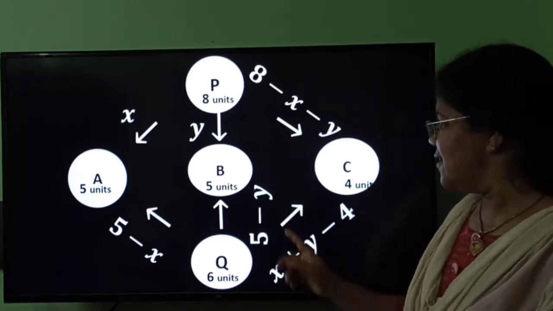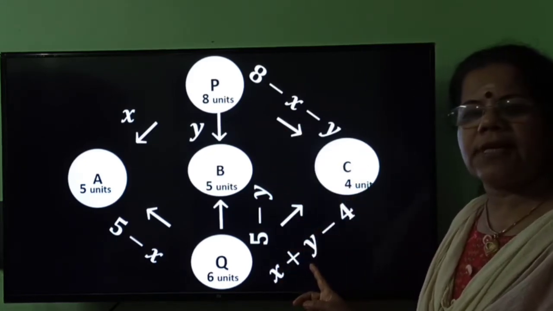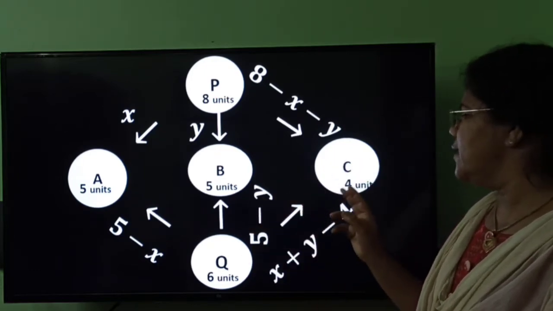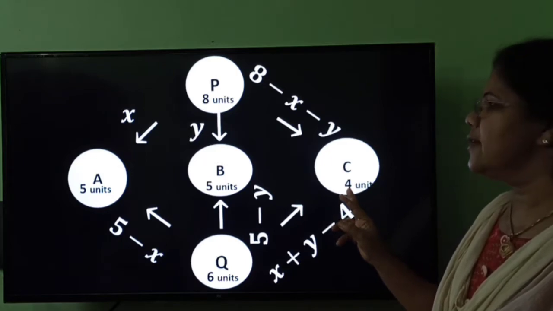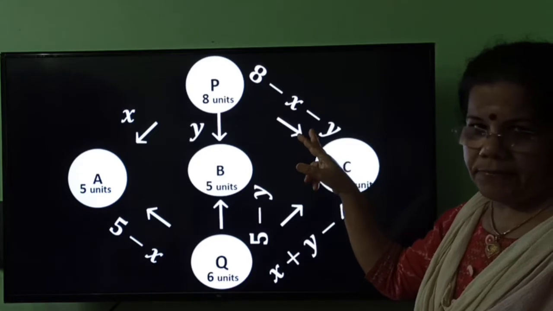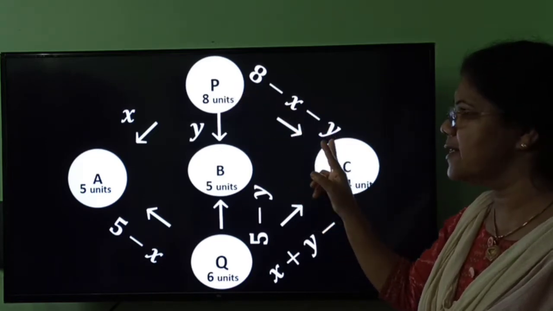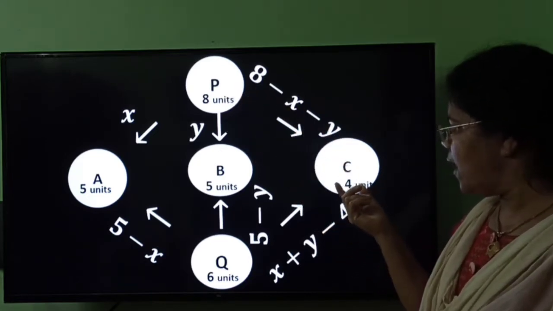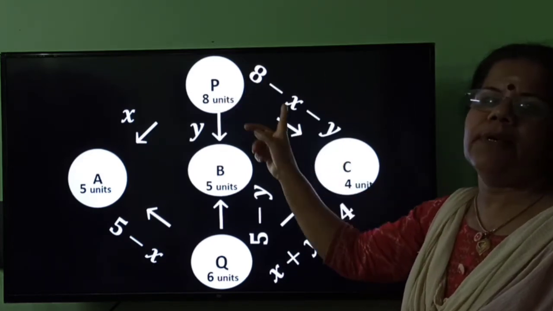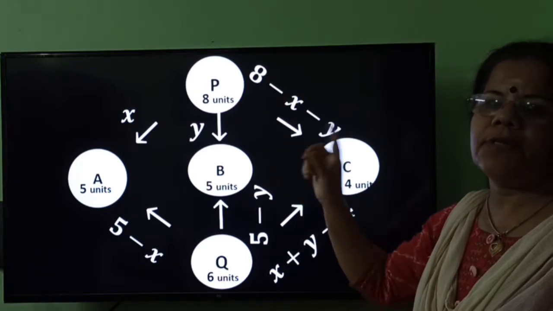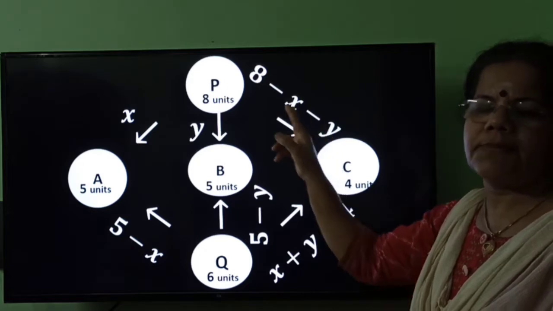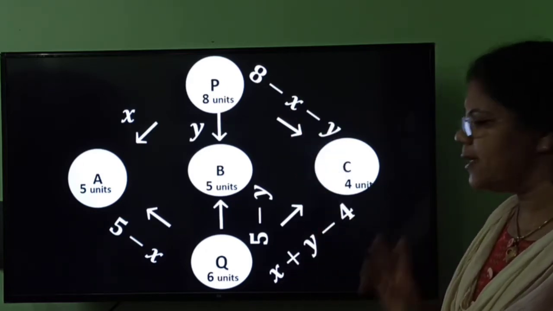Again, you can think of X plus Y minus 4 in two ways. First, the requirement at C is 4 units, and 8 minus X minus Y is already coming from P. So out of 4, the remaining is 4 minus (8 minus X minus Y), which is X plus Y minus 4.